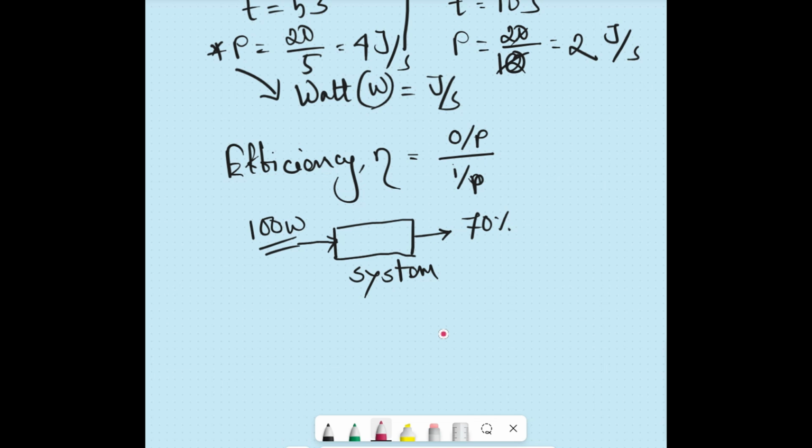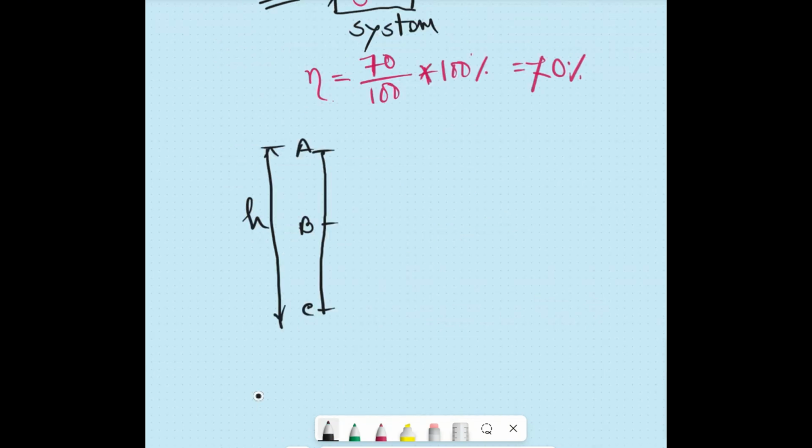Indeed, my output is 70%. So how much effort is lost? Here it is 30%. So what is the efficiency? Efficiency equals output over input times 100%, so this will be 70%, and 30% is lost.